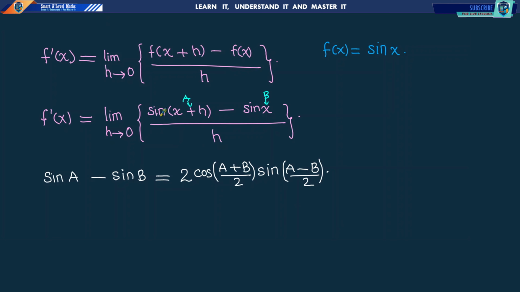Therefore, transforming these two terms into one term, we're going to replace our a and b with the angles x plus h and x respectively, following a and b as angles here. So let's go ahead and do that.